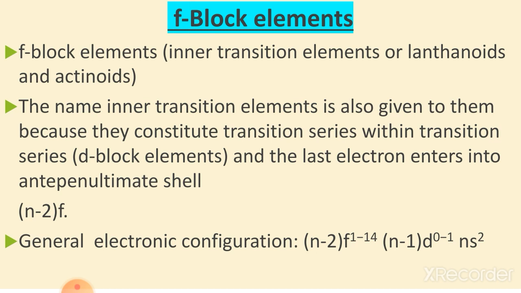In that condition, the electronic configuration of lanthanoids becomes n-2, that is 6 minus 2, 4f 1 to 14, 5d 0 to 1, and 6s2. Like that you can also write the electronic configuration of actinoids, but here you have to focus only on lanthanoids. So let us start with the lanthanoids.